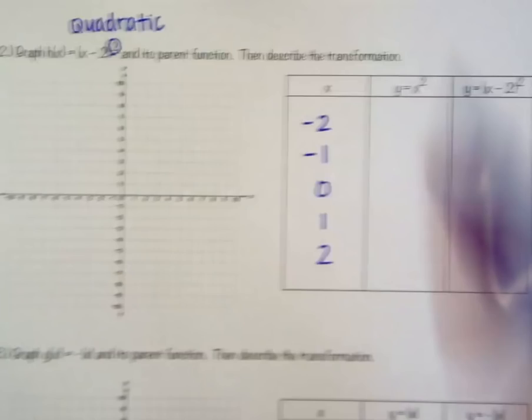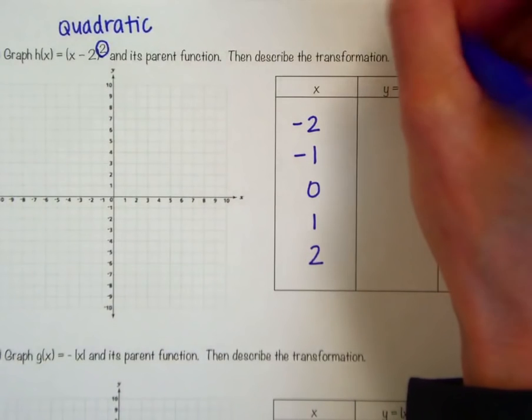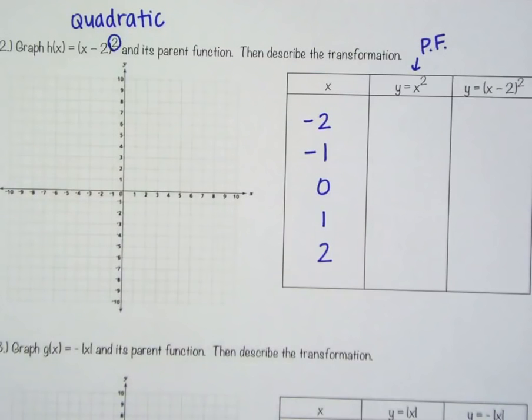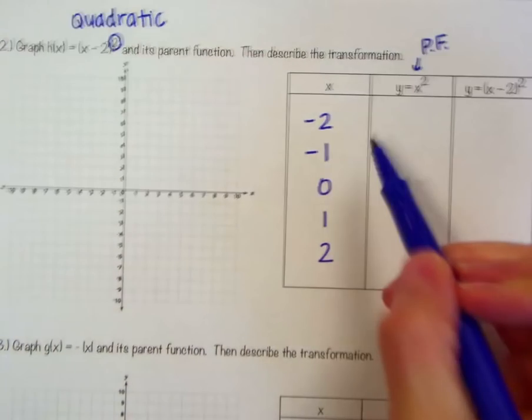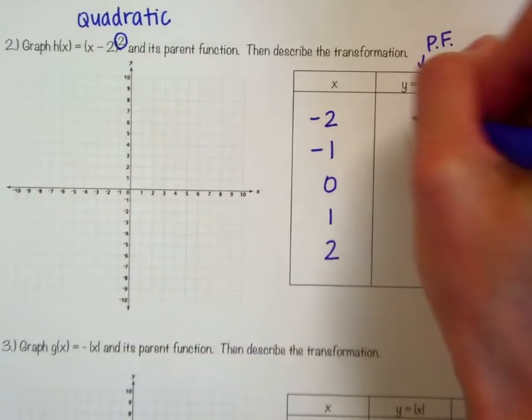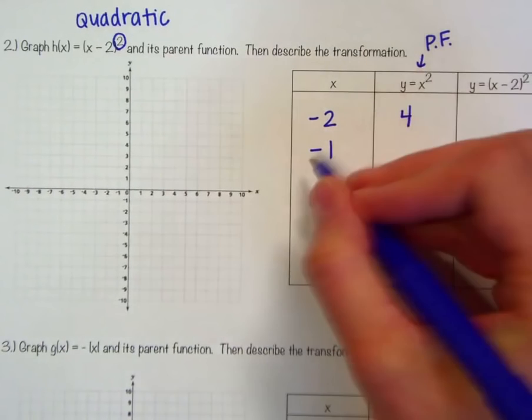So when we graph the parent function, again, here's the most basic. Nothing's being added, subtracted, multiplied, divided. So when we plot these points, if x is negative 2, squared is going to be positive 4.